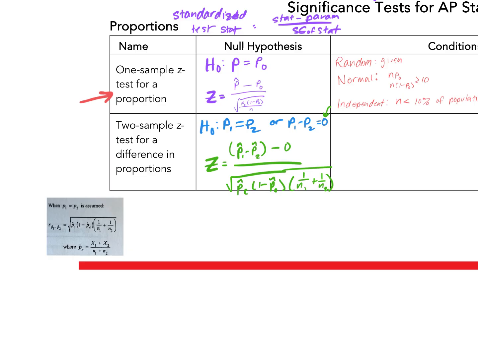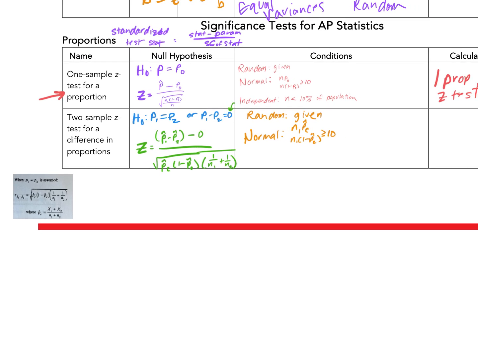But this can also be your reminder. So if I do my conditions here, random is still going to be given. Your normal condition here is that you're supposed to do N1 times P hat C, and do the same thing for N2. But this is the place where you're supposed to use that combined P hat.